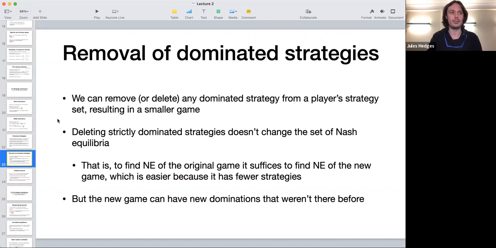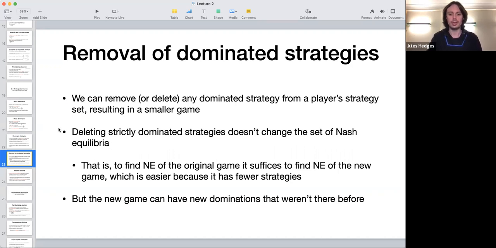If we have a payoff matrix, you're throwing out rows or columns of the matrix. And it turns out that if you delete strictly dominated strategies, this never affects the set of Nash equilibria. So you never lose Nash equilibria. You also, slightly more subtly, never gain any new ones.